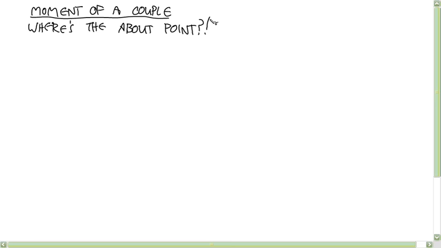But we're going to see that when you calculate the total moment produced by a couple, the about point doesn't come into it at all. It's a really surprising, interesting result. The about point isn't going to matter.